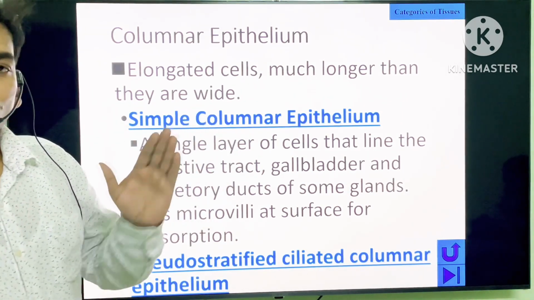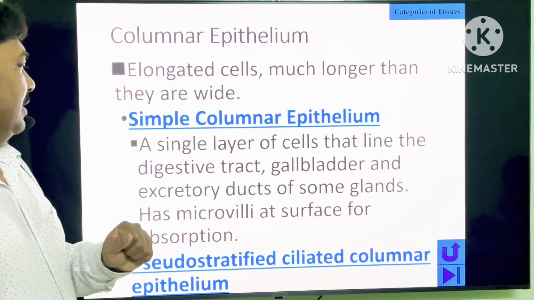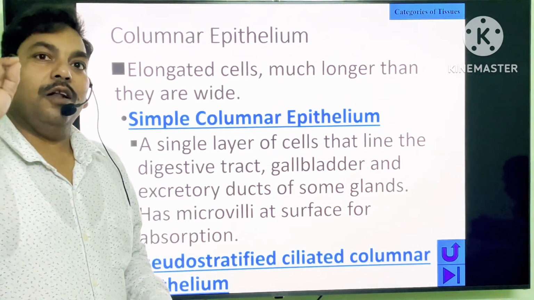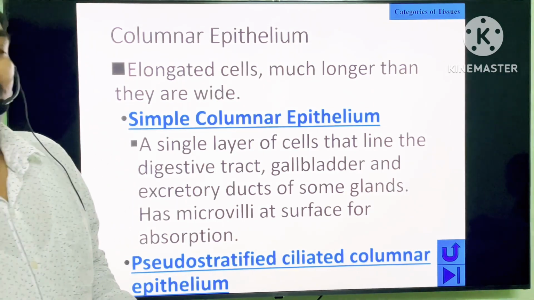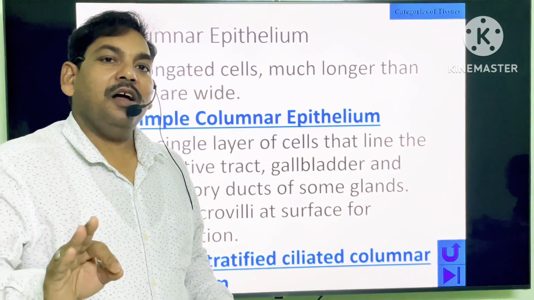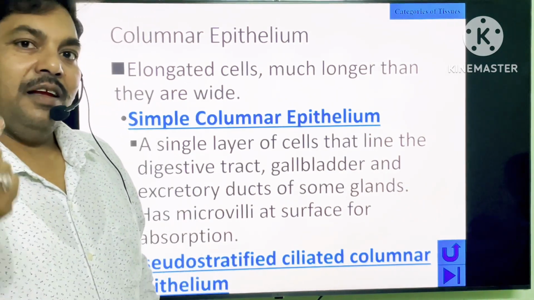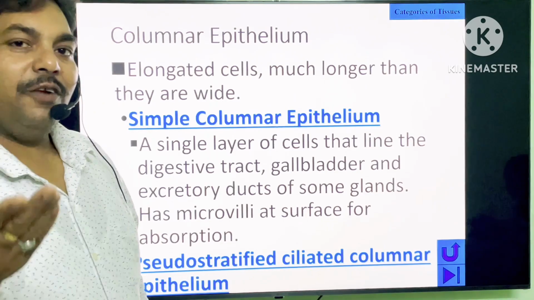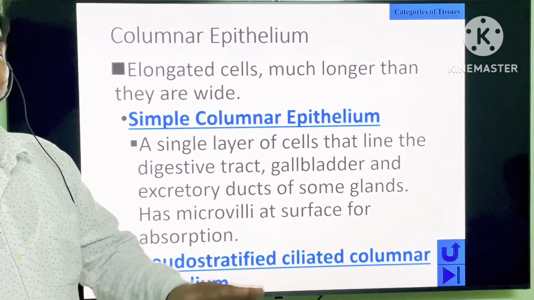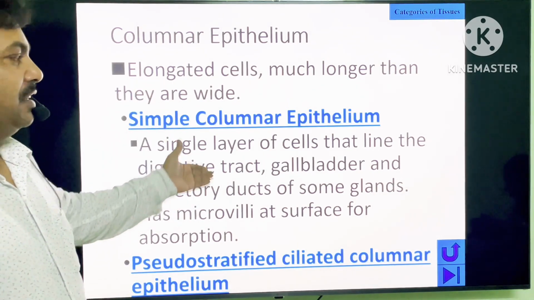It has microvilli and other surface features that help in absorption. Actually, location is important for epithelial tissue, and each location has a specific function performed by the epithelial tissue mentioned in this slide.